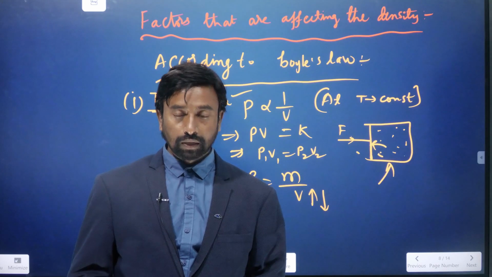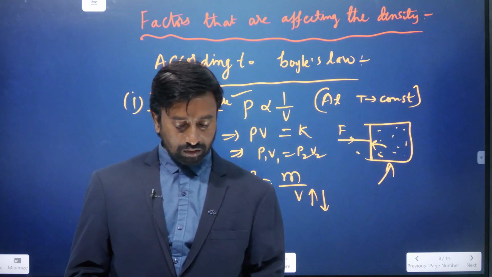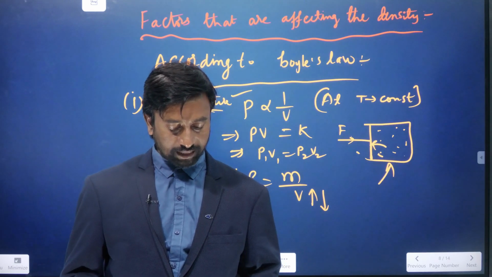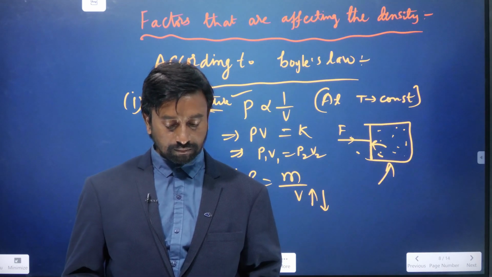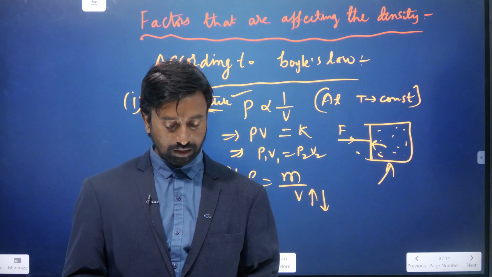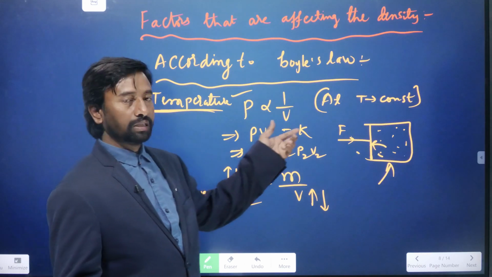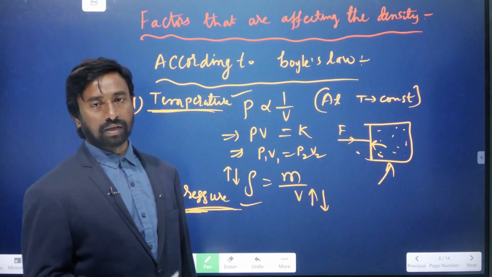When 1 Newton of force acts on 1 meter square area of the substance, then the pressure acting on the substance is said to be 1 Pascal.